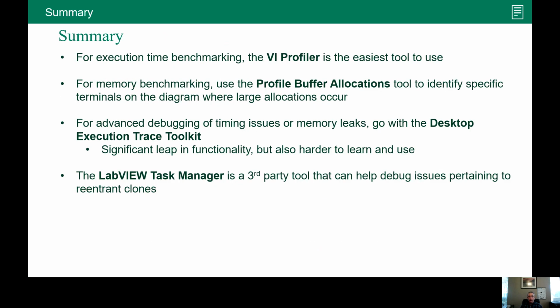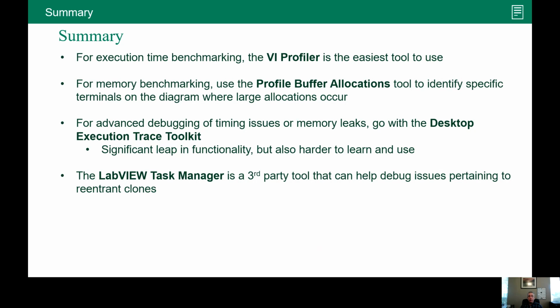Okay, so to summarize what I talked about here today, if you are needing to troubleshoot execution time issues, VIs that just run too slow, don't be intimidated by the VI profiler. It is extremely easy to use, especially when you take into account tricks like creating temporary sub-VIs to narrow down execution time issues. Don't be afraid to use the VI profiler.